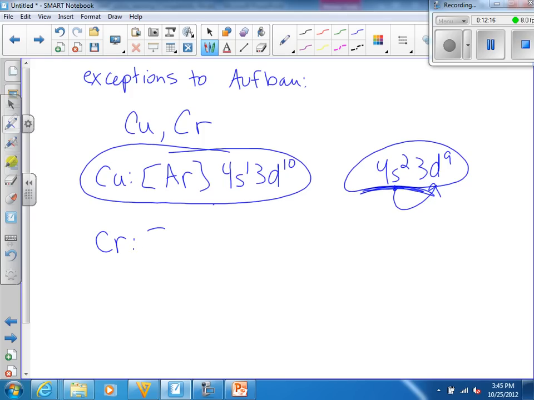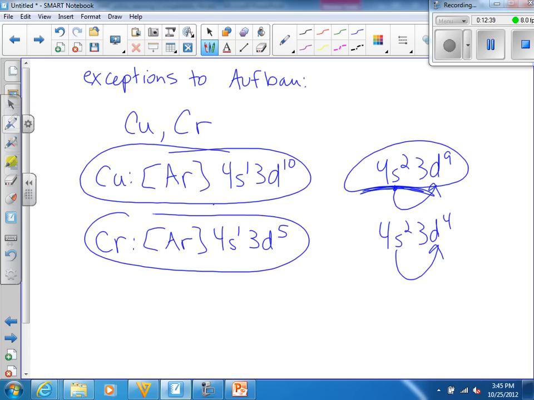Chromium is also argon, shorthand, 4s1 3d5. So we would have expected it to have a 4s2 3d4. Once again, one of the s's has jumped to a d orbital. So these are two of the exceptions in the 3d, elements that fall in the 3d block.